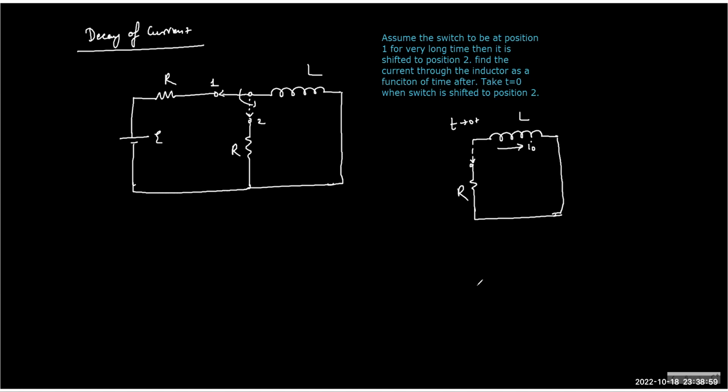So to solve this decay circuit, you can draw like this. You can see there is no cell here, so you can hypothetically assume a ghost cell.